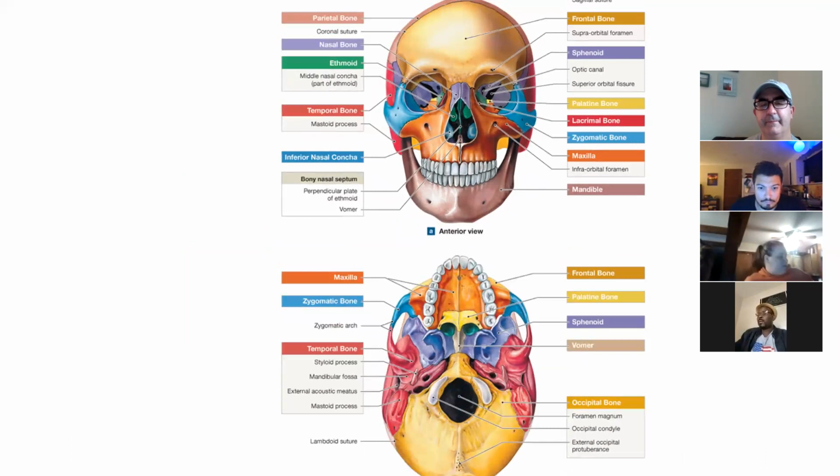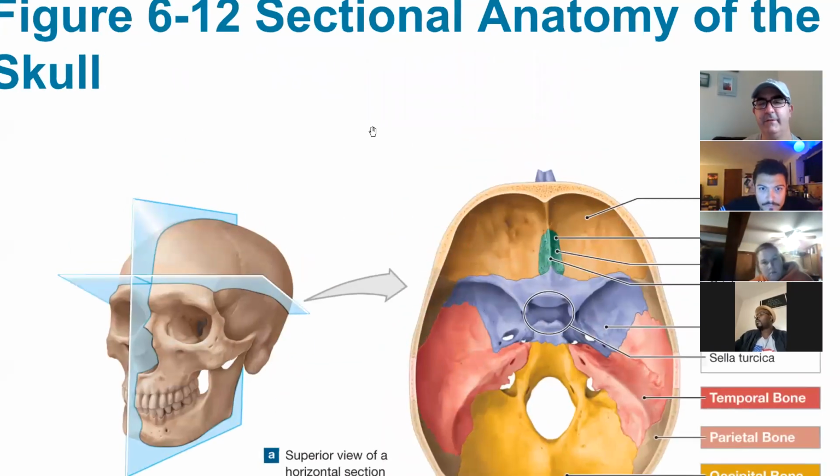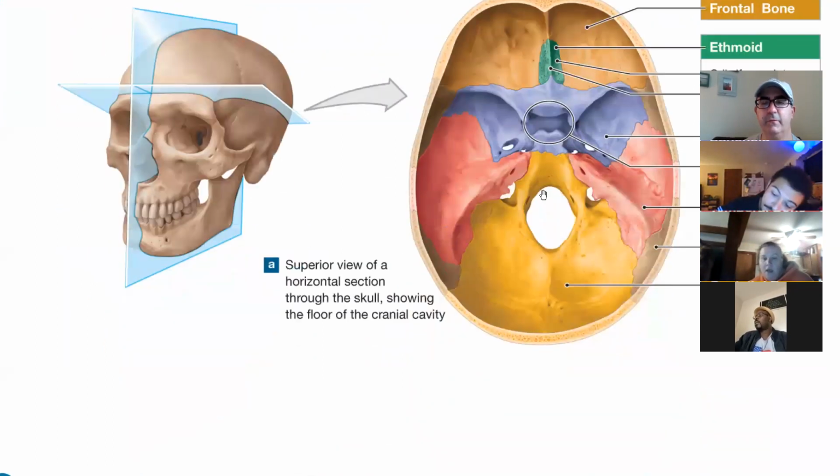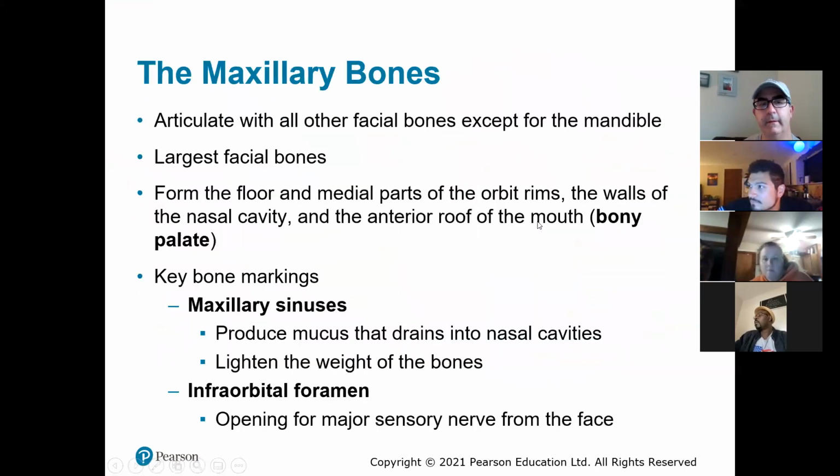I was looking at the skull to try to get a visual placement of each one. Good. And there are some really good 3D drawings. Nothing is the same, obviously, as actually using a skull, whether it's a model or a real skull, but there are some really good 3D drawings.